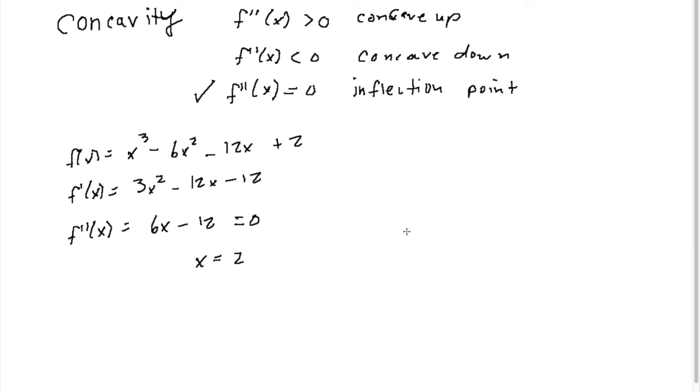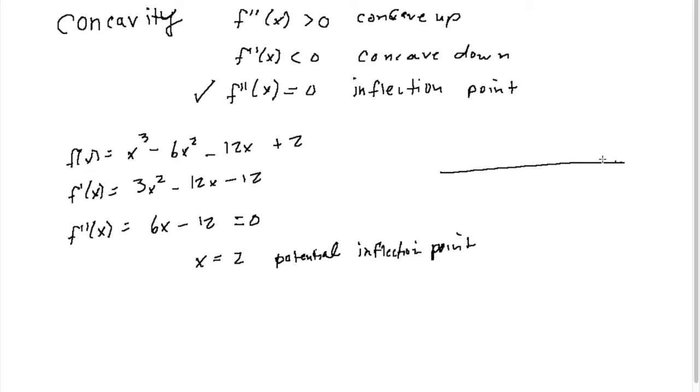This is a potential inflection point, and we'll know if it's an inflection point if the graph changes from concave up to concave down or from down to up. If it doesn't change from up to down or down to up, this is not an inflection point. So how are we going to test this? We'll label this as a potential inflection point, and we need to test the intervals.